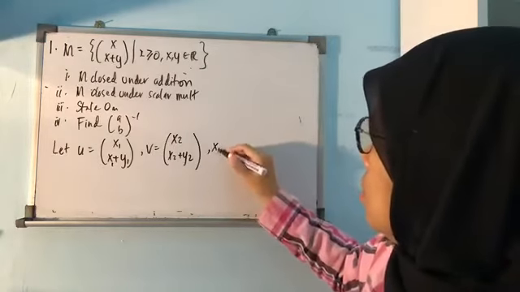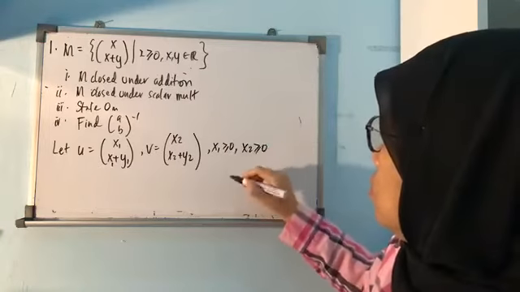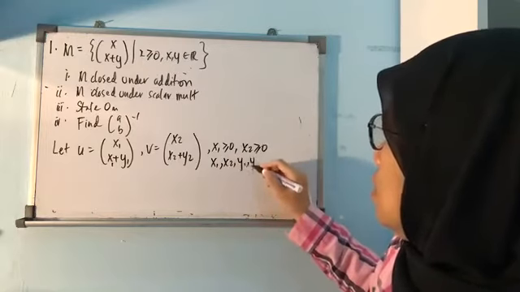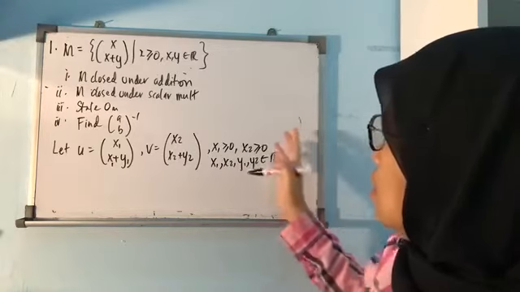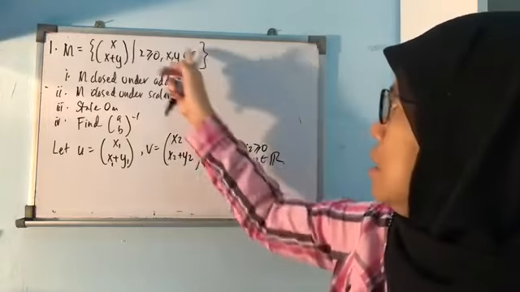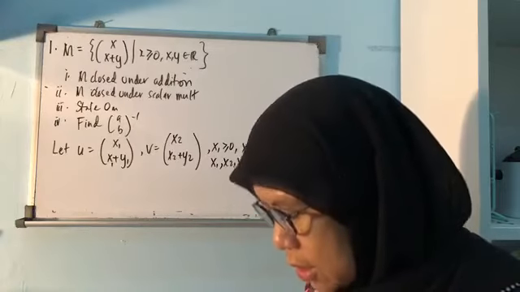So x1 bigger or equal to 0, x2 bigger or equal to 0, x1, x2, y1, y2 in R. This is very important, okay, because this is the condition of x and y. So you have to write it down and check.